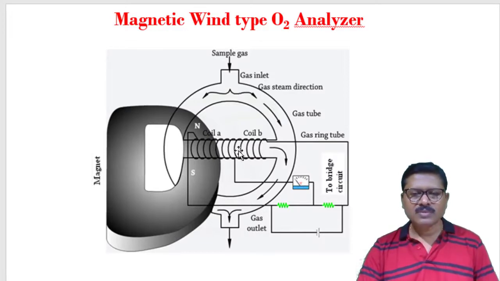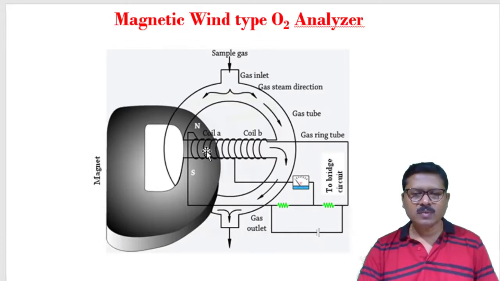So there will always be a flow of sample gas through this tube from the left direction to the right direction, and this will happen because of the different interaction within this tube. And this flow of sample gas is normally termed as magnetic wind.